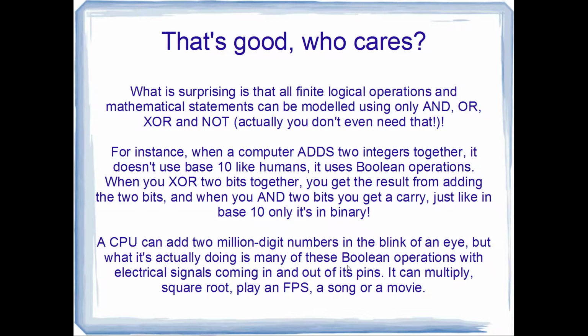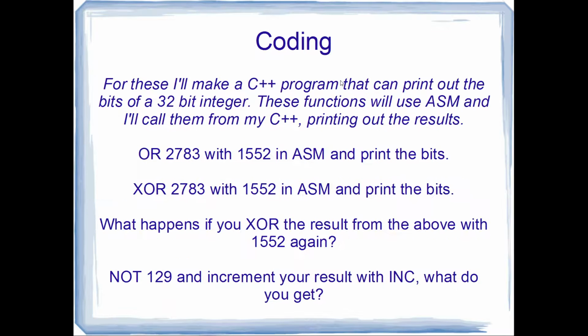If you want to make a few of these logic gates, it's fun to play around with transistors. Go and get yourself some wire and an LED, a couple of transistors. Anyway, what we end up with, if you get enough transistors together, you can multiply, you can take square roots, play an FPS game, a song or a movie, you get a computer pretty much. I shouldn't downplay a CPU, they are more than transistors, but yeah, the logic units are mainly transistors.